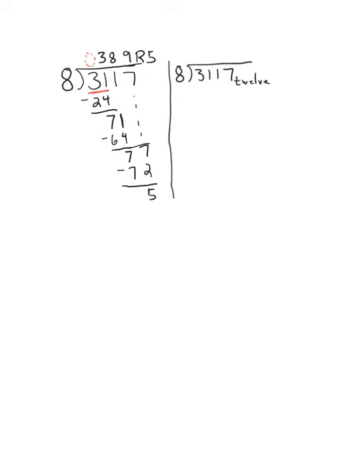Okay, so let's look at this place value first. That's the 12 cubed place value, so that's 1728 in base 10. And how many groups of 8 can we make out of that place value? Well, none, of course. So we put our 0 here. Again, just like before, we're thinking of a 0 here.